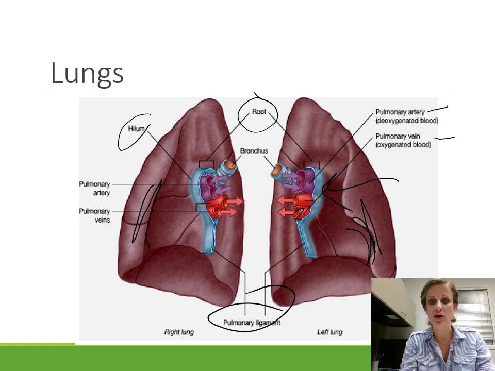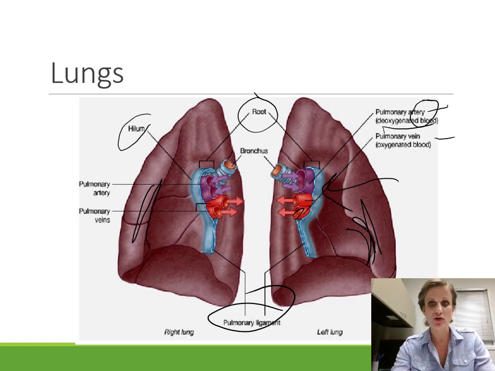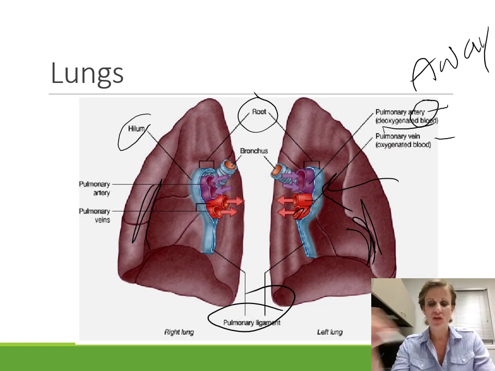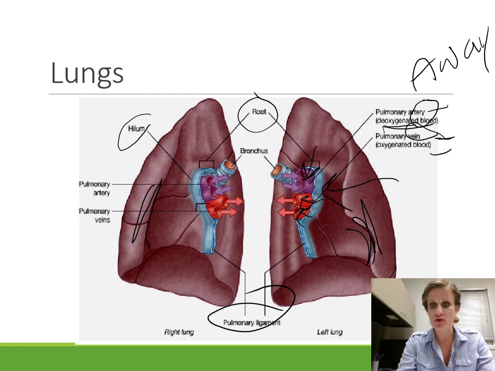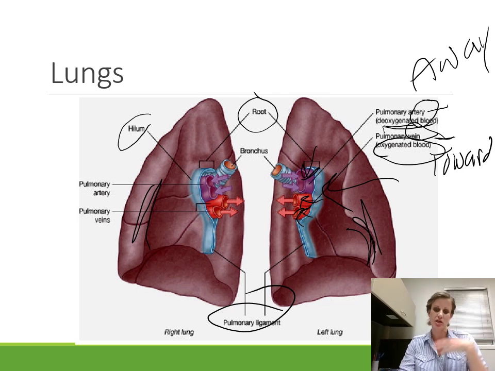Those arteries are actually carrying deoxygenated blood. Okay, they're arteries because they're going away from the heart, but they're actually carrying deoxygenated blood. So note, we color them typically blue. The pulmonary veins, the superior and inferior pulmonary veins, are veins because they're going back towards the heart, but they just got oxygen from the lungs, so they're going to be carrying oxygenated blood. It's only kind of odd thing to note.